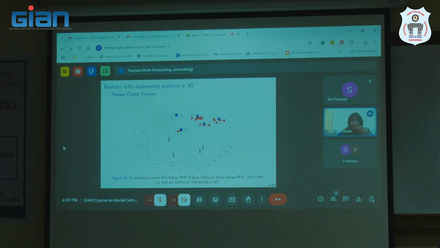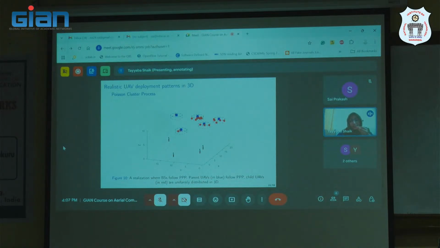You have the parent UAVs, marked blue in color, distributed according to a PPP, and you have child UAVs around each parent UAV, distributed uniformly or using a Gaussian model. You can choose any model for that matter. Depending on what model you choose for the child UAVs, you will get a different kind of cluster process. In this particular example, we have chosen them to be uniformly distributed in the 3D space. So this is what we call a Poisson cluster process.